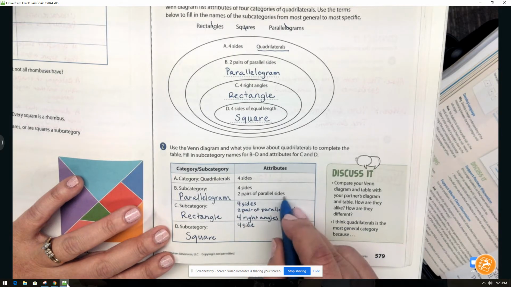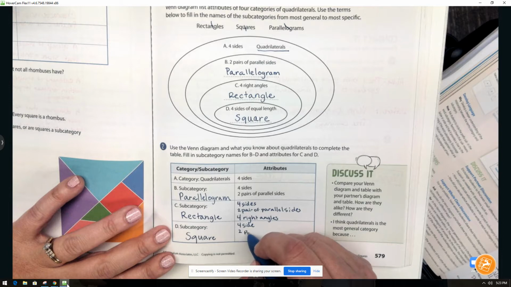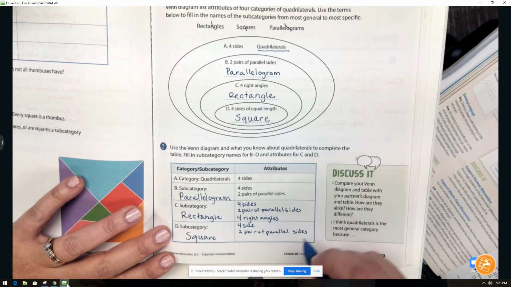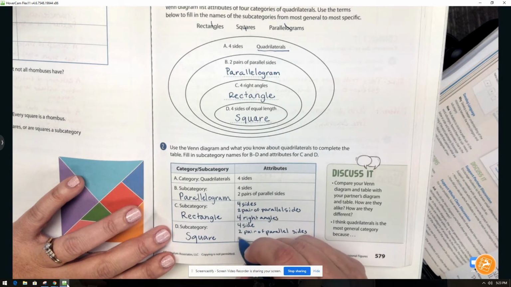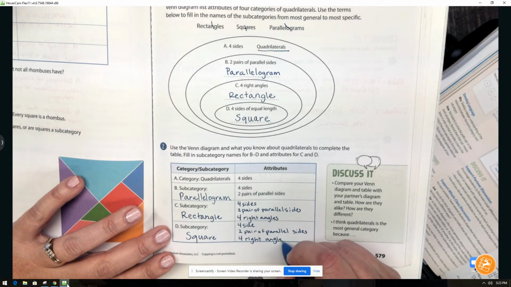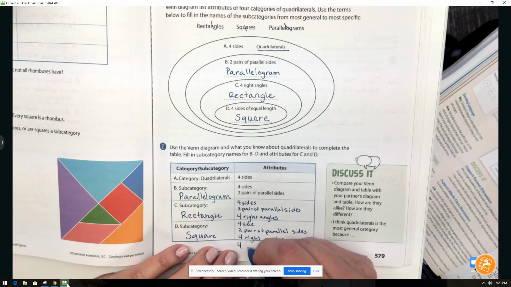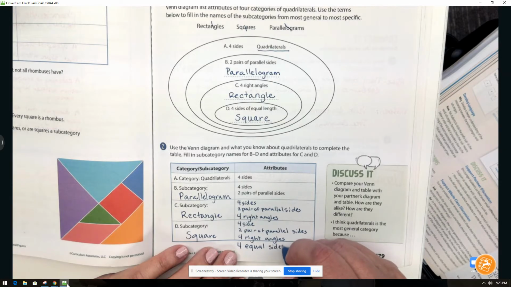Like a parallelogram, it also has 2 pair of parallel sides. Like a rectangle, it has 4 right angles. But the attribute of a square that not any of these other shapes has is it has 4 equal sides.